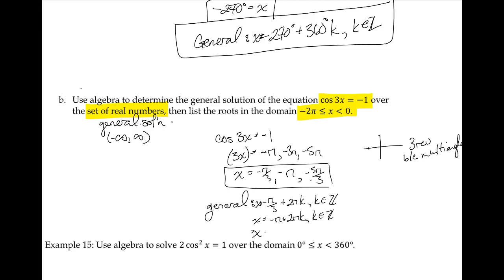And finally, x equals negative 5 pi over 3 plus 2 pi times k, where k is an element of the integers.